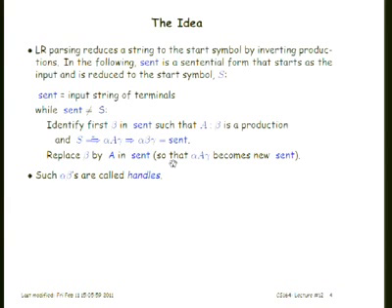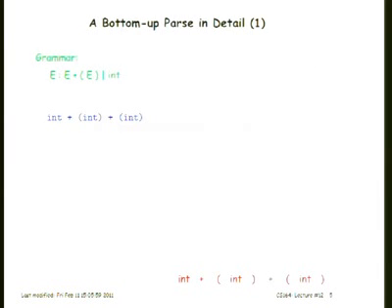So let's take a look at how this works. Here's the grammar, here's the input string, and here's the input string again down here. I'm going to build a tree above it so that you can see how this works.